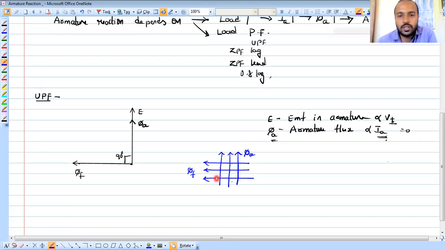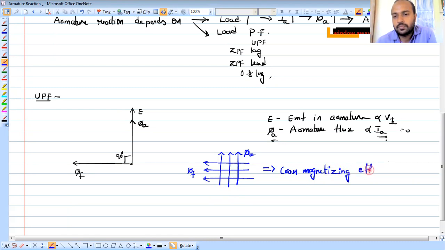These two, our armature flux crossing this magnetic field, then we call it a cross magnetization effect.